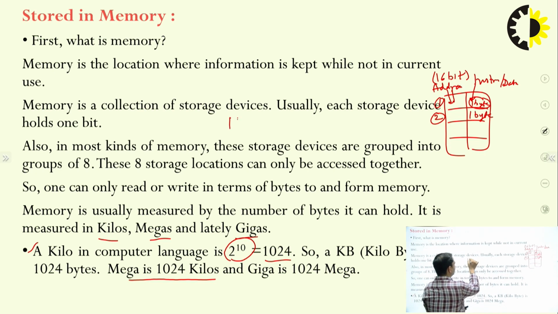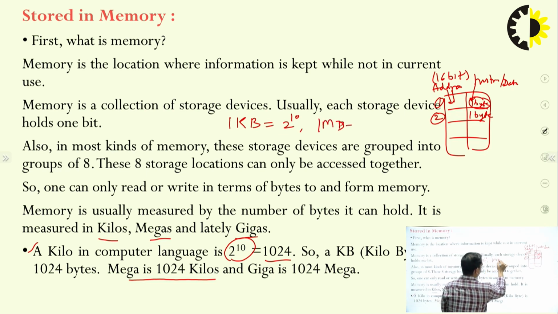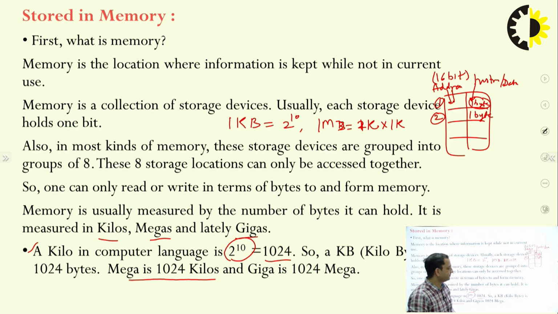Just like 1 kilobyte is equal to 2 to the power 10, now if I want 1 megabyte, you can write 1 megabyte equal to 1 kilo into 1 kilo. Okay, so this is 2 to the power 20. Hope this point is clear to all of you.